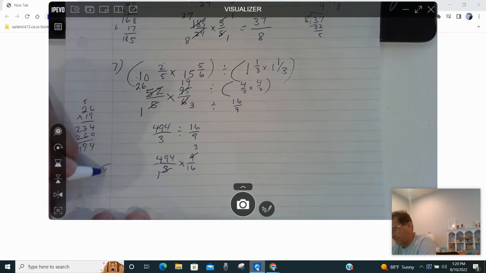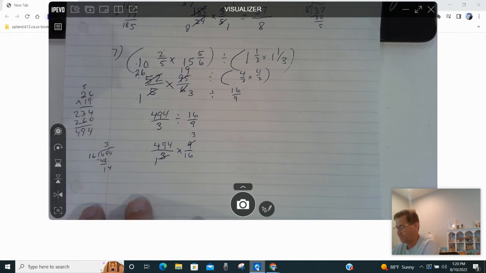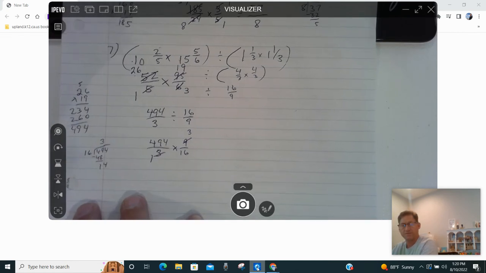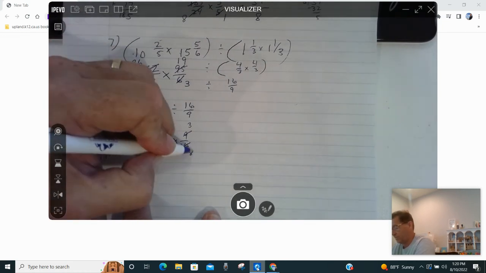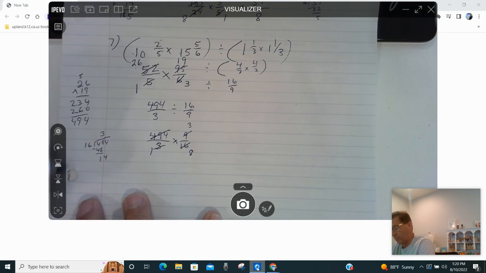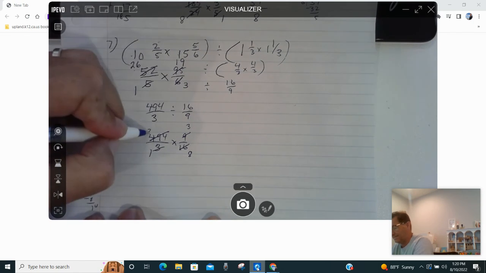I'm curious to see if 16 is a multiple of 494. Okay, it isn't, but 2 is for sure. So let's simplify 16 by dividing by 2. We get 8. And 494 divided by 2 is 247.